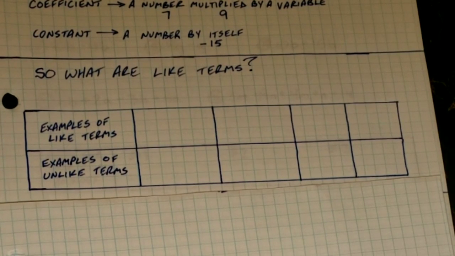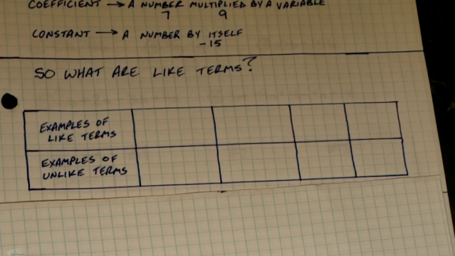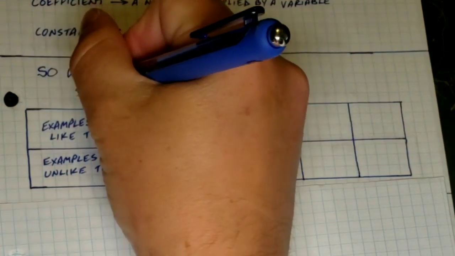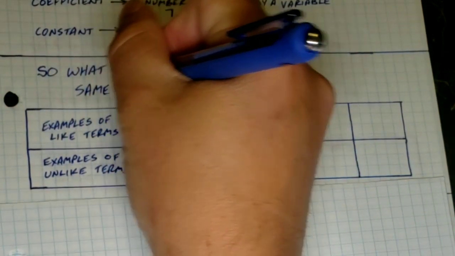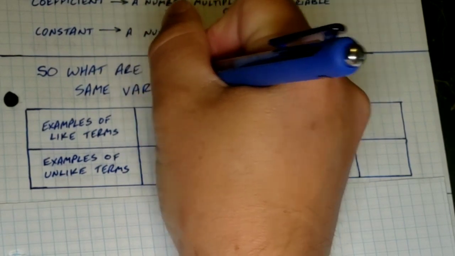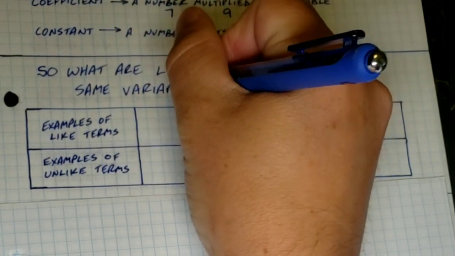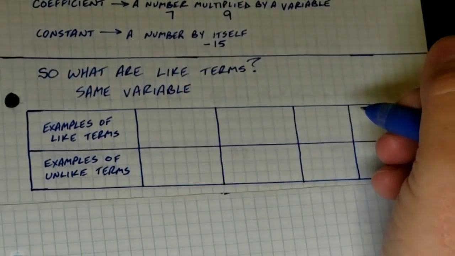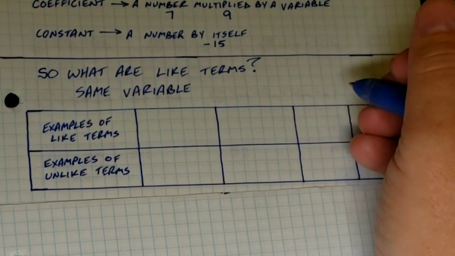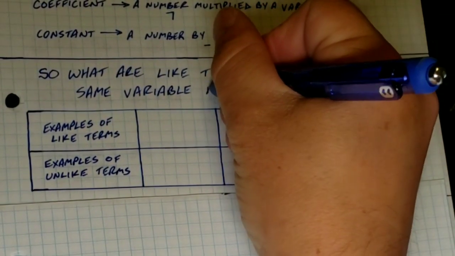So, what are like terms? Like terms are terms that have the same variable, and those variables need to be raised to the same power.